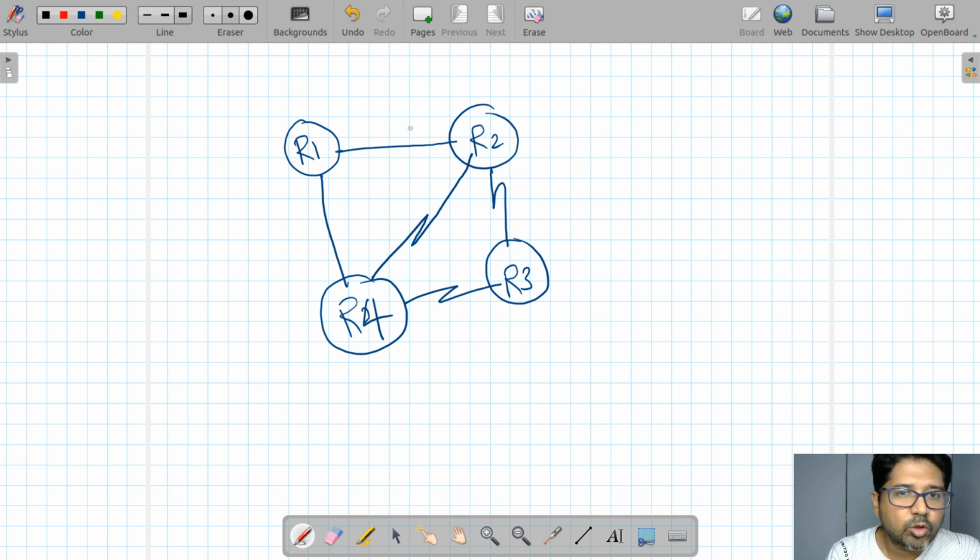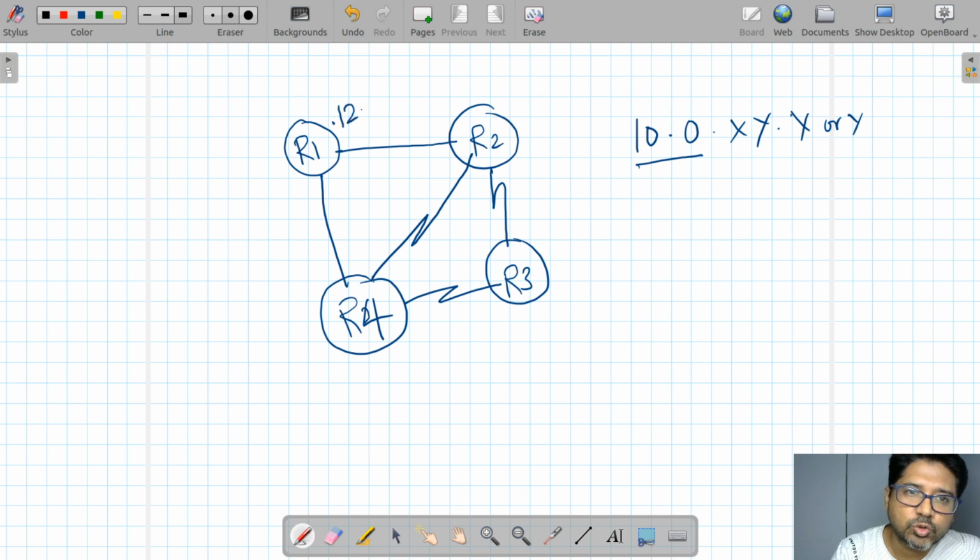By looking at this topology we can quickly build it up, because we know my IP will start from this XY, X or Y. This network is going to be 12.1 on this interface, and 12.2 on this interface.